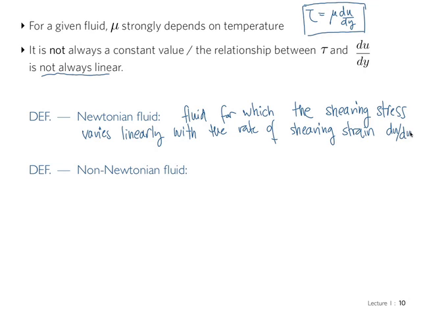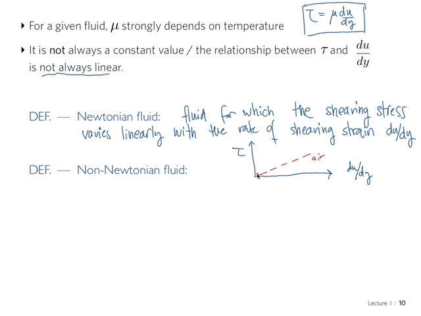du dy. So if we were to draw a plot of tau as a function of du dy, we would have for different fluids perhaps different slopes, but the plot will always be a linear relationship. So for example, you might have a line like this, say for air.